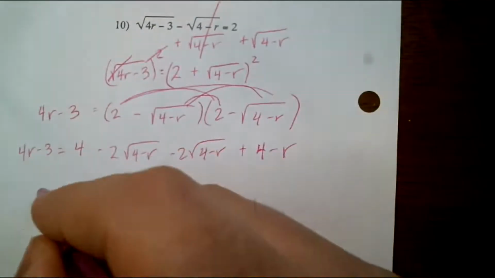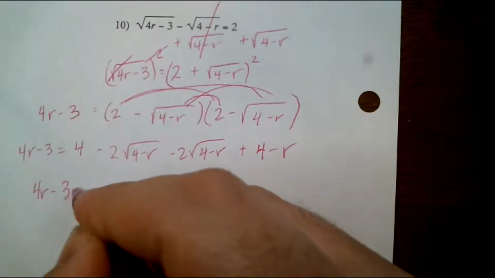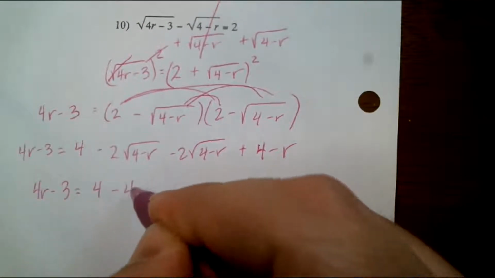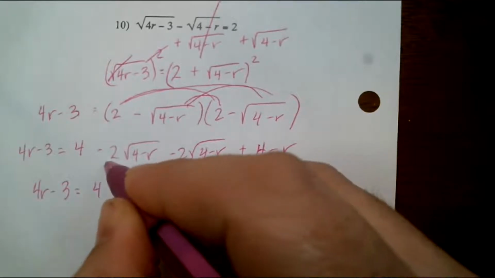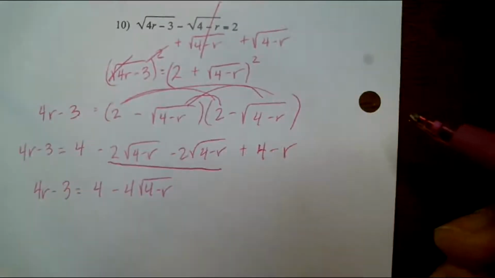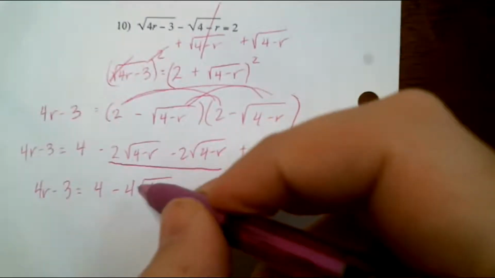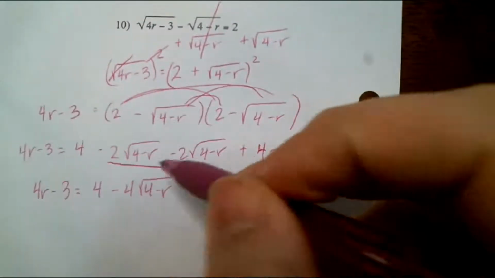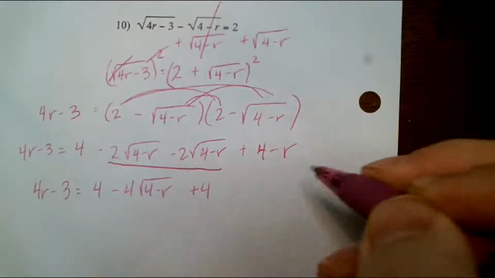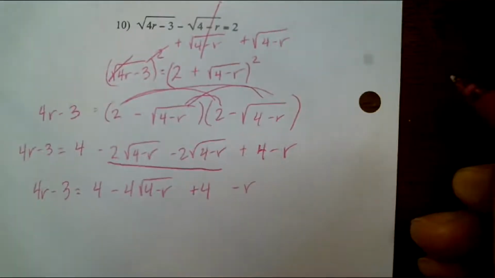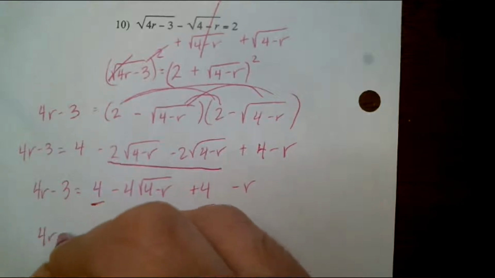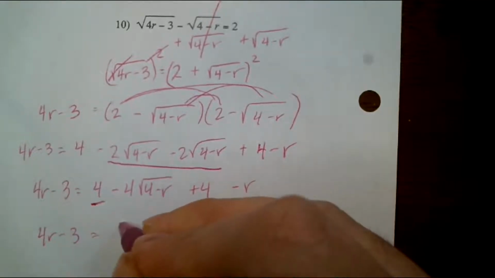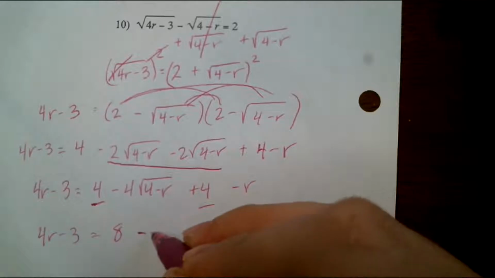Then from here, I got 4r minus 3 is equal to 4 minus 4 radical 4 minus r. I can combine these two, and negative 2 minus 2 is negative 4. Treat radicals like they're variables. And then plus 4 minus r. Then I can combine the two 4s. 4r minus 3 is equal to 8 minus 4.